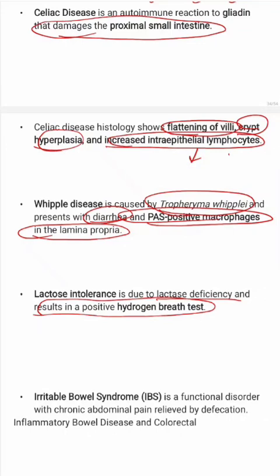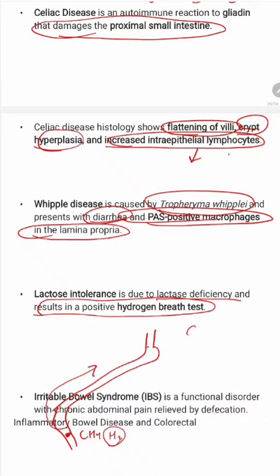We give a person sugar, carbohydrate, okay, and carbohydrate is normally absorbed in the body, but in a person who has a problem in absorption, it goes to the colon, and here it is converted into CH4 and hydrogen. Okay, so this hydrogen is absorbed into the blood, carried toward the lung, and from the lung it is excreted outside. So if the hydrogen is present in the breath, we conclude that there is lactase deficiency.